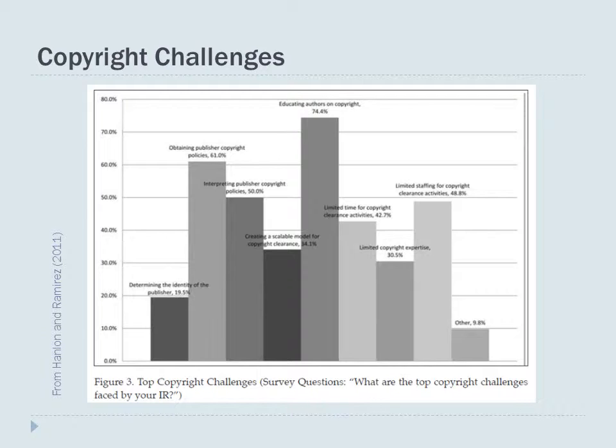98% of institutional repositories that were surveyed in the United States consulted the Sherpa Romeo online directories for publisher copyright information. But over half of these institutional repositories reported that there are information gaps. 88% reported that they needed to contact publishers directly to obtain permissions for institutional repository deposits.